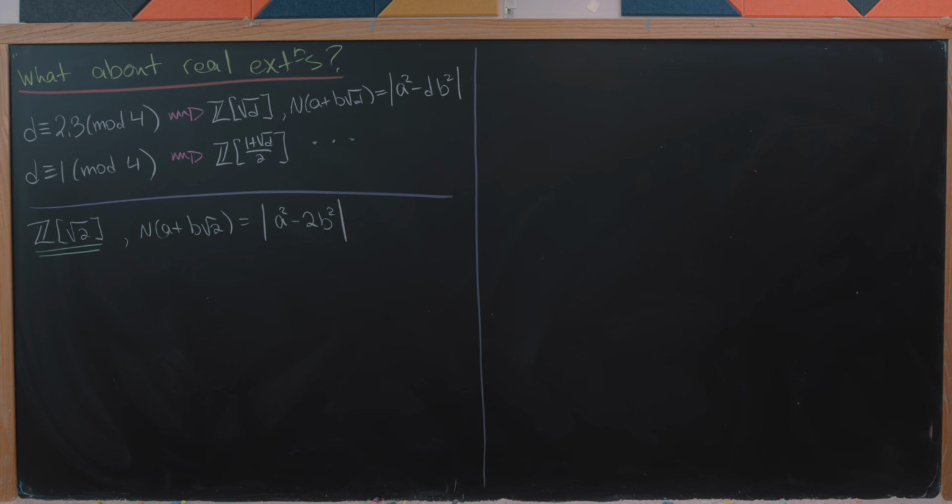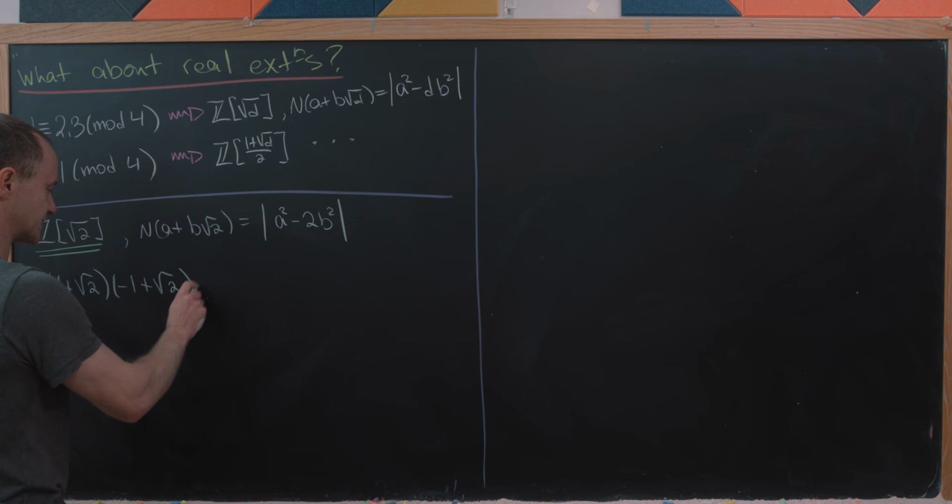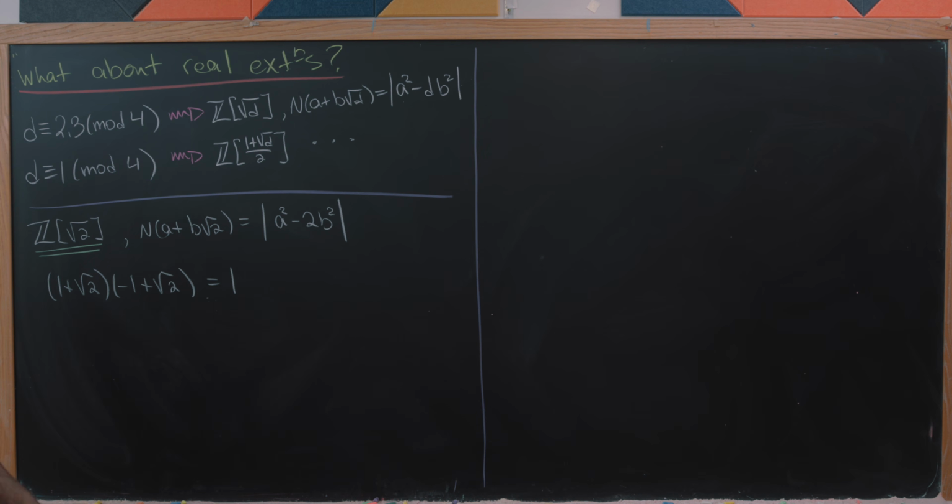Now, something weird that happens here that doesn't happen in the imaginary extension case is you get infinitely many things that have a multiplicative inverse. Let's observe that if we take 1 plus the square root of 2 and multiply it by negative 1 plus the square root of 2, if we multiply that out, we get the number 1.